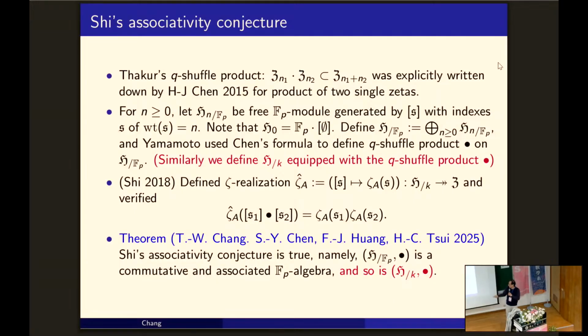I'm very glad to announce a recent result by four students at Tsinghua: Zhang Tingwei, Chen Songyun, Huang Feijun, and Cui Hongqiu. They show that this is an associative algebra. And if we replace the base field F_p by K, then it's also associative.